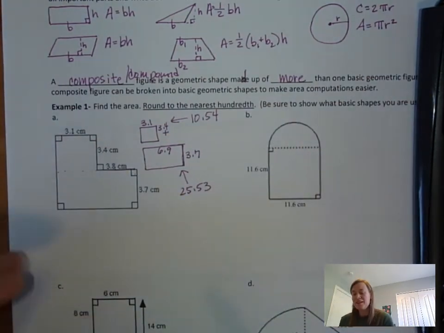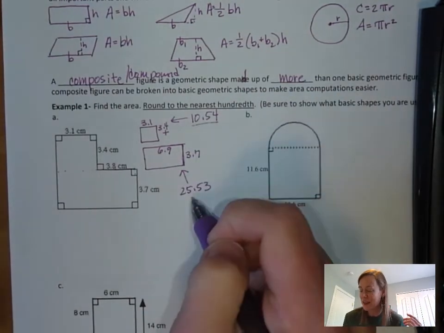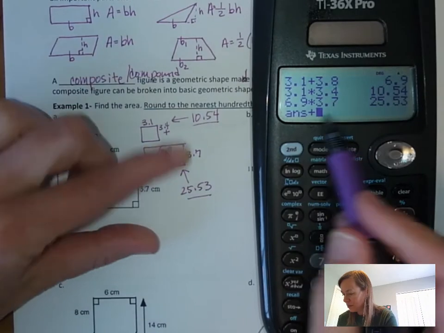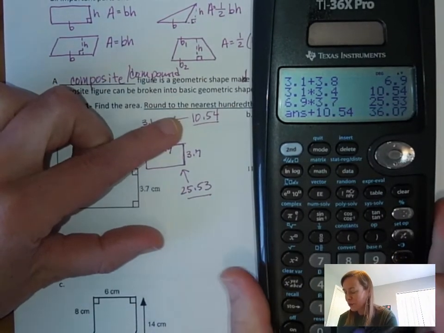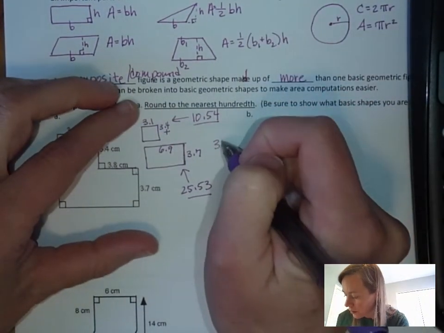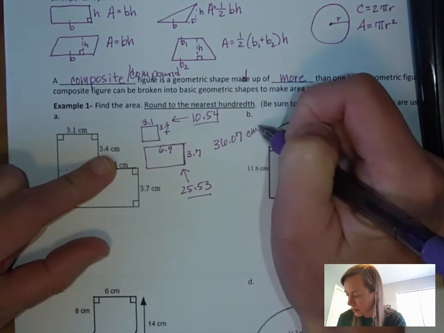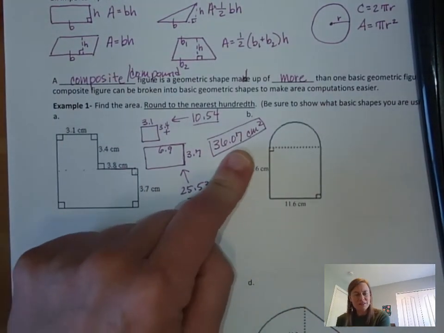So if you want to find out the area of the whole, which is what we want, you got to add this and this together now. So 25.53 plus 10.54, looks like we're going to have a total of 36.07. And those are centimeters squared. So that would be your answer for that one.